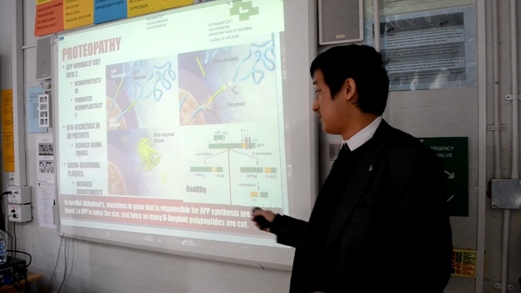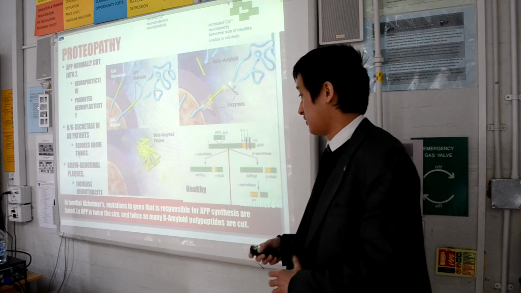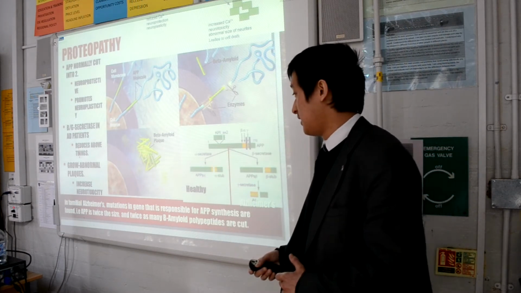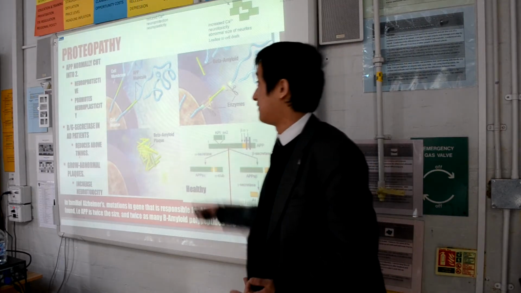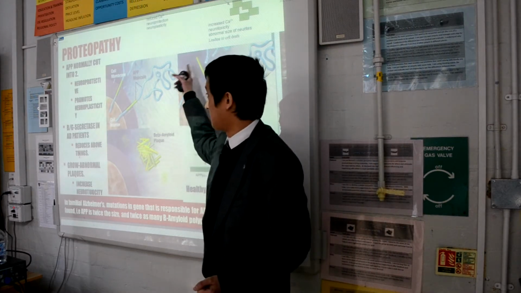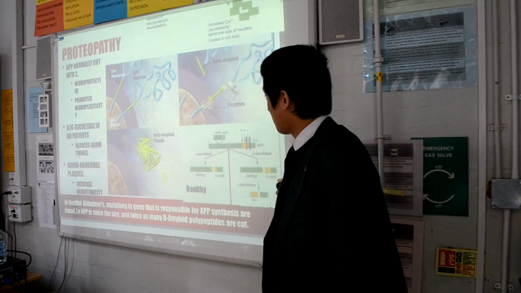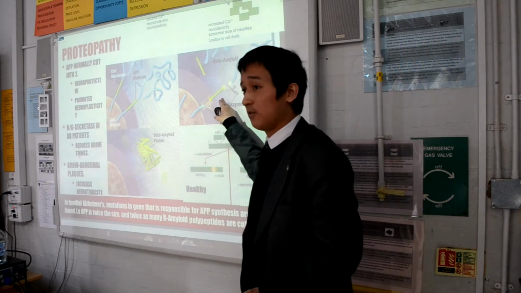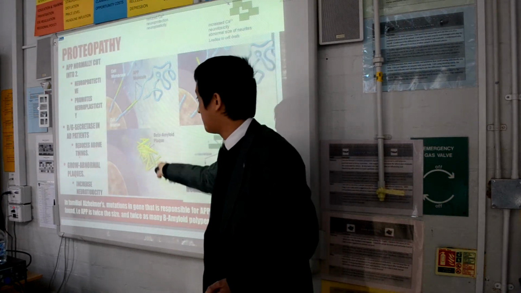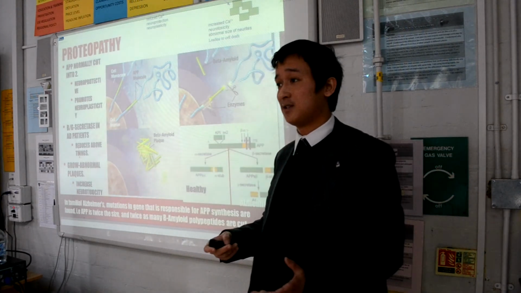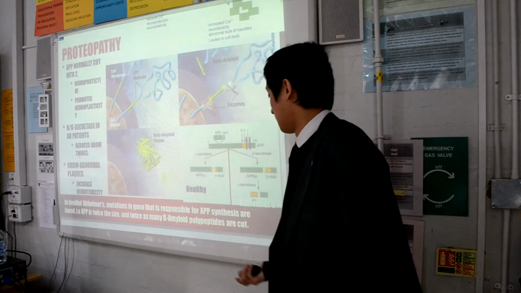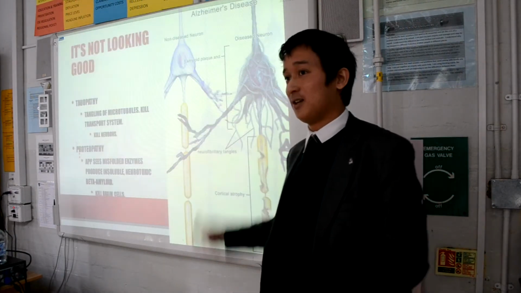Also in familial Alzheimer's, which is when people have a genetic condition, you can have a mutation in the gene that is also responsible for the actual synthesis of APP in the first place. This molecule could be twice as long. And if it's twice as long, you can have twice as many beta and gamma secretase enzymes cutting beta amyloid, which means that you have twice as many beta amyloid deposits, and Alzheimer's starts going off potentially twice as fast. So it's not looking good.